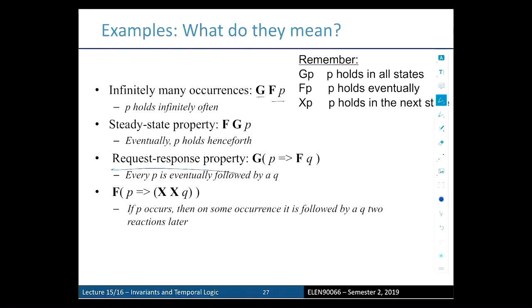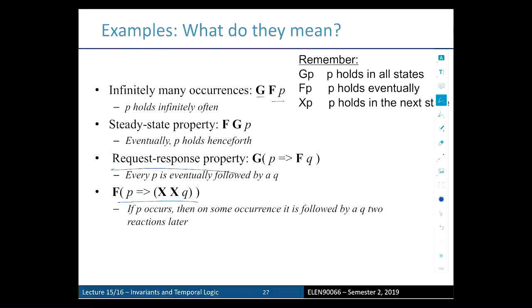Another example is this. At some stage in the future, or in the trace, when I say future, really, sometime in the trace, if P happens, 2 steps later, Q happens. Because I can keep putting X's back to back.